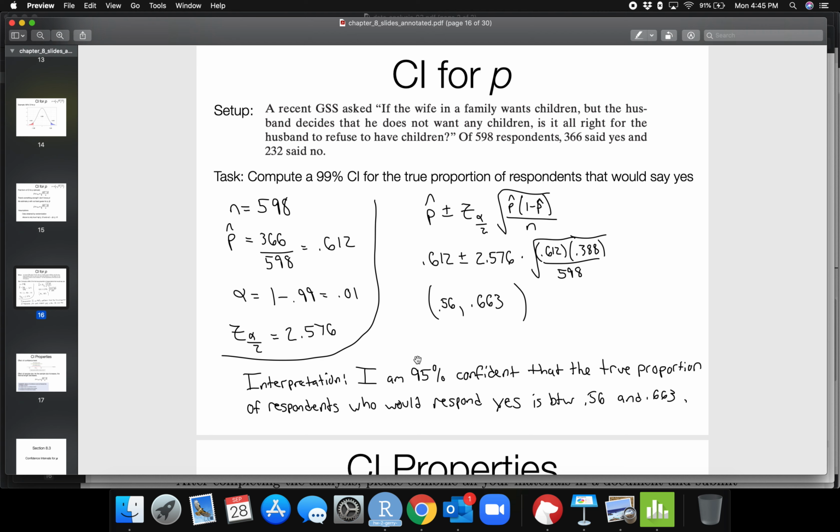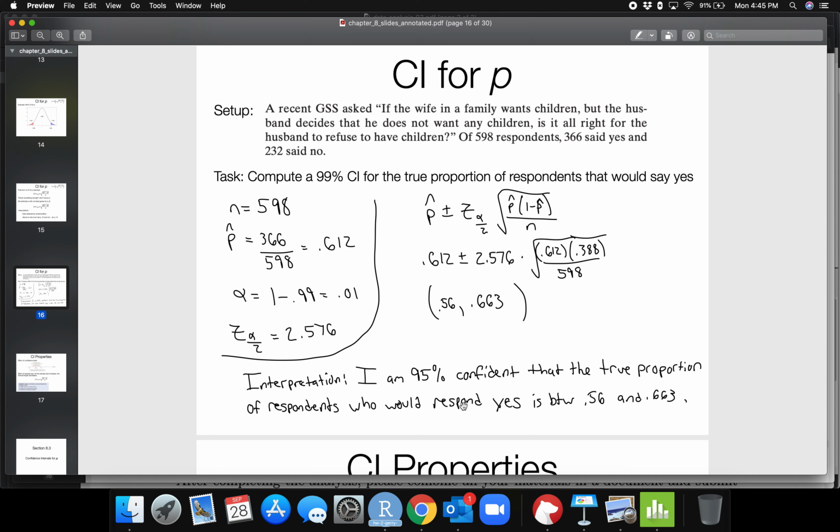It should say again 99, not 95 in my answer. I'm 99% confident that, and then the next part comes straight from the problem. It says compute a confidence interval for the true proportion of respondents that would say yes, and so that's exactly what I write here: the true proportion of respondents who would respond yes is between these two numbers.